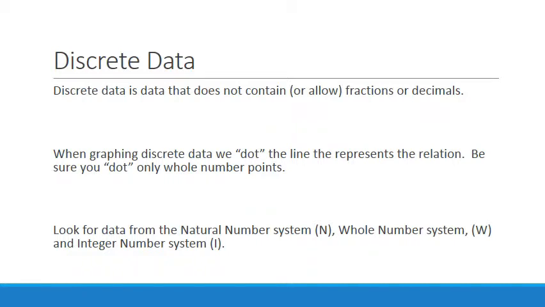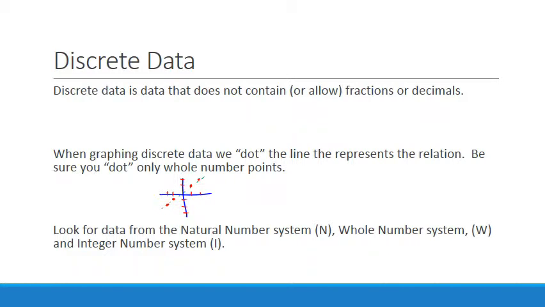Okay, so what does that mean? There's my x and y axes. So what that means is you might have a line. So that would be where the line should go, and you'd be used to drawing a solid line. But what we'd want to do is actually just dot the whole number points. So right here, 1, 1, 2, 2, that one there, this one here.